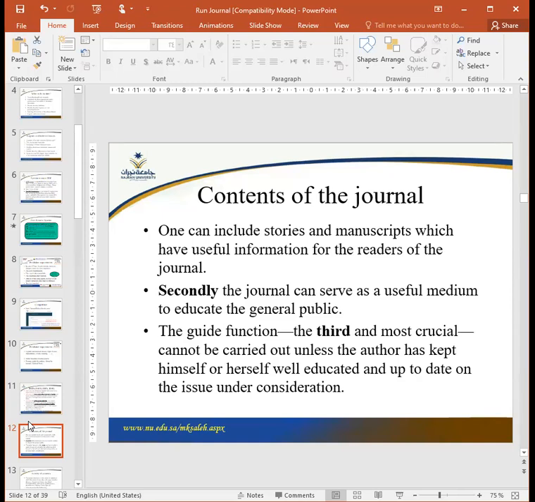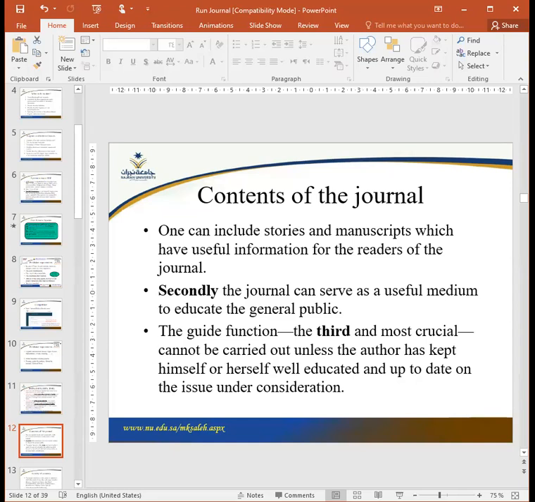The third and most important function is to guide, which cannot be accomplished unless the writer has kept himself or herself informed, fully abreast of the latest developments on the subject he or she is writing.